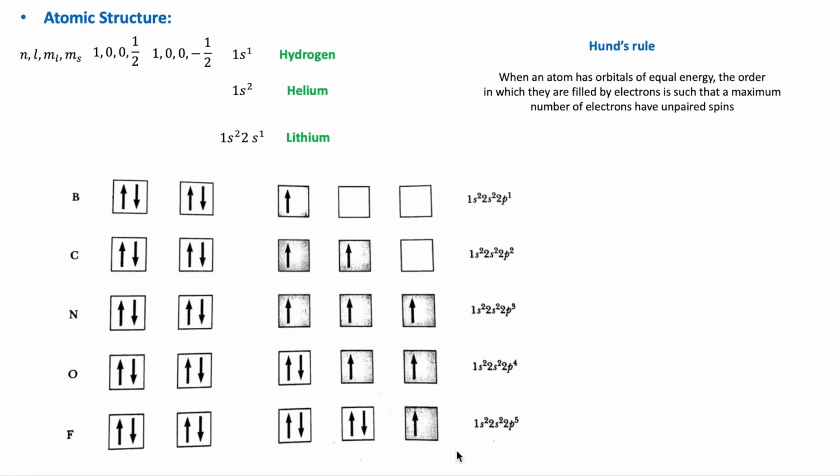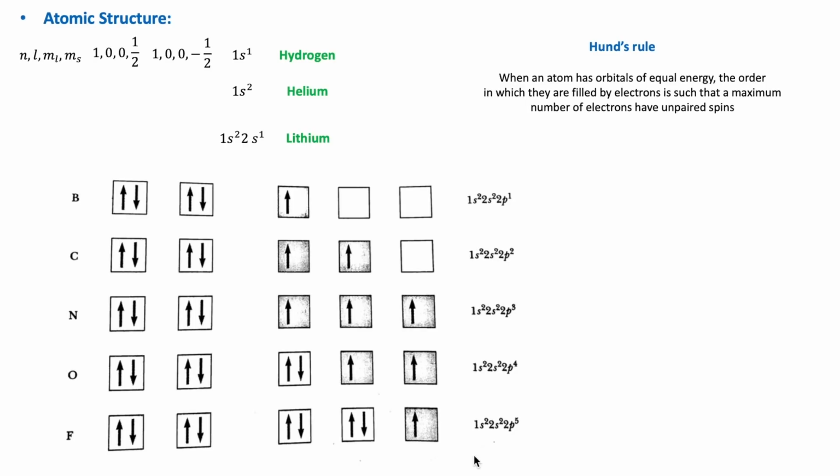So let's consider some examples of the electronic configuration in some of the lighter atoms. Let's first consider hydrogen. In its ground state, it can be described by either of the two sets of quantum numbers, and the electronic configuration is written as 1s1, so only one electron is present in the s subshell.